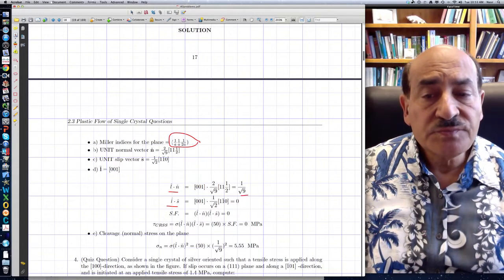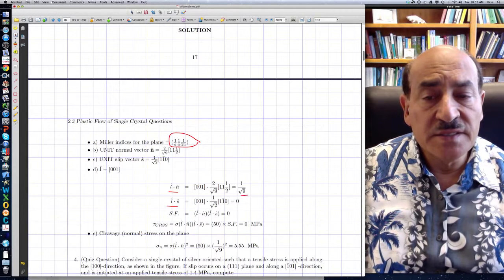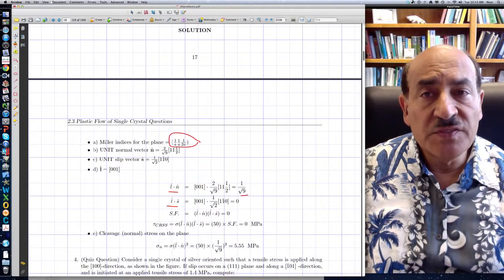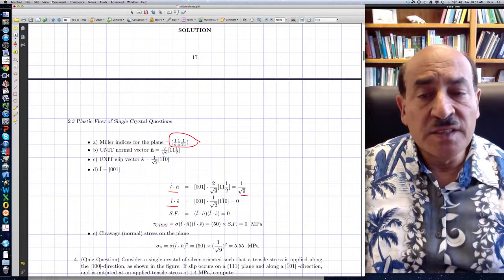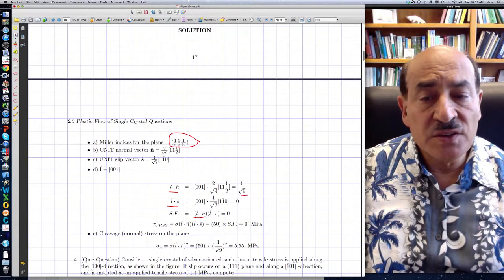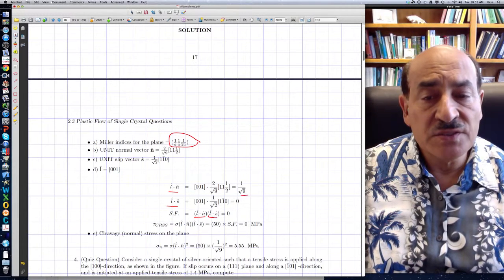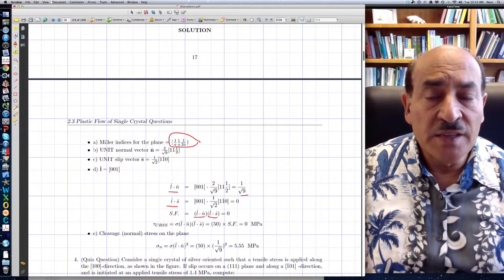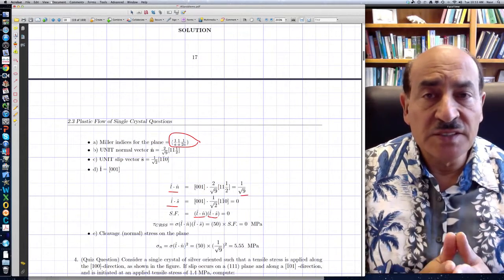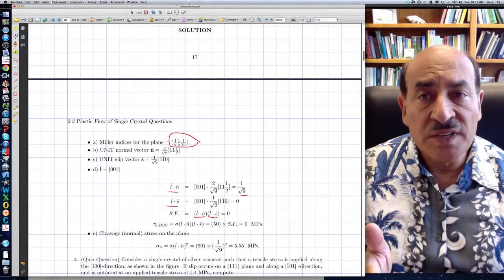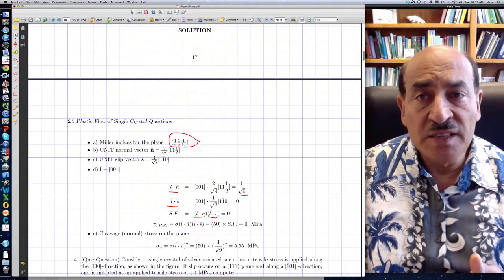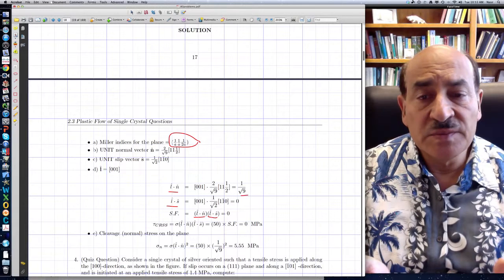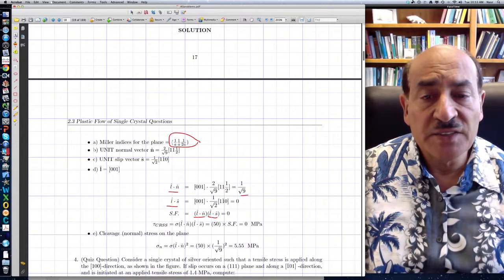So what we can say is that the Schmid factor SF is the product of cosine lambda and cosine psi. If you remember from the notes, we had the cylinder and we worked out the geometry as cosine lambda and cosine psi, and multiplying those together gives the Schmid factor.